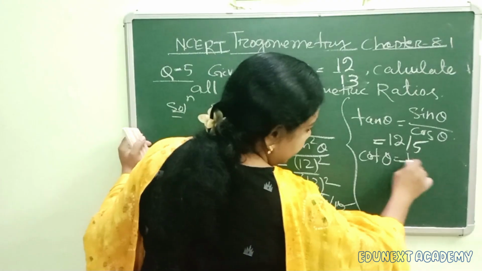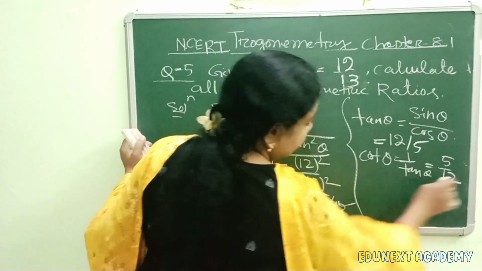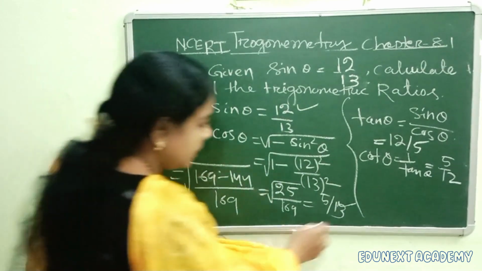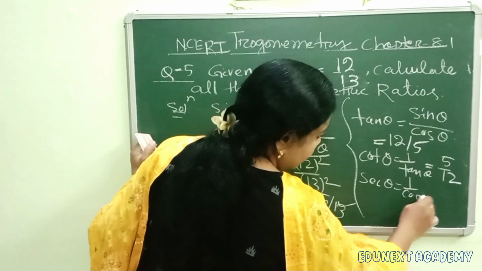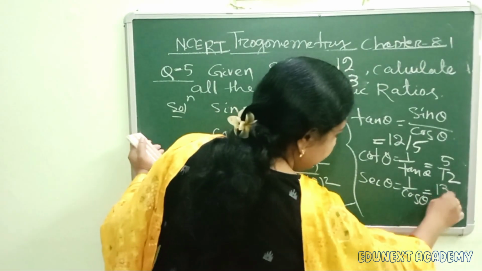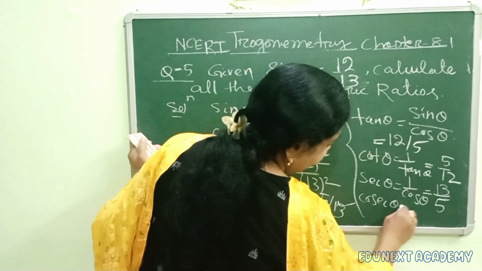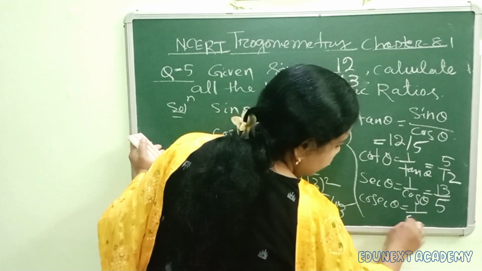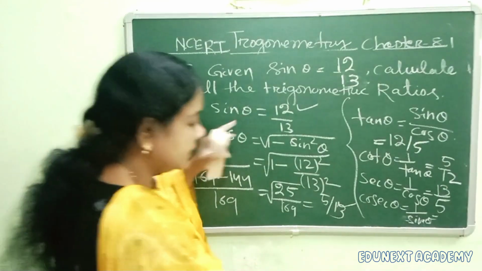Cot theta is 1 by tan theta, that is 5 by 12. Then what is sec theta? Sec theta is equal to 1 by cos theta, that is 1 by 5 by 13, that is 13 by 5. Similarly, cosec theta is equal to 1 by sin theta, that is 13 by 12.